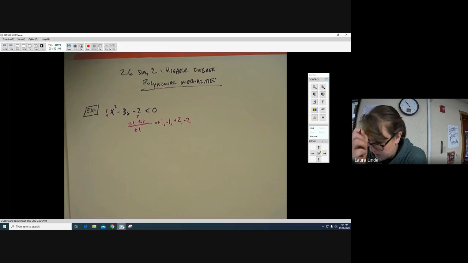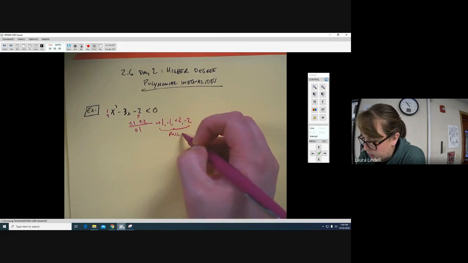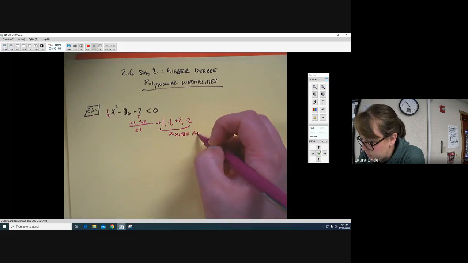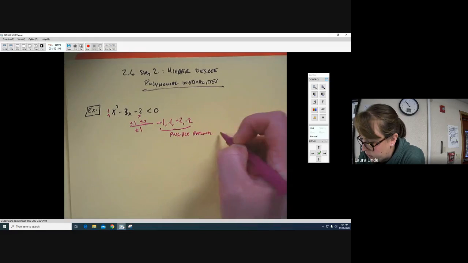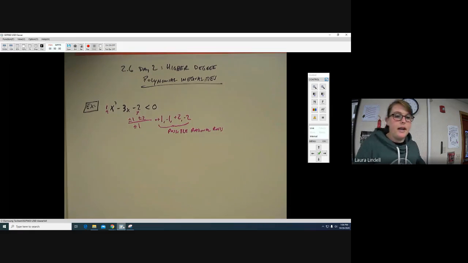Those are all of our possible rational roots. So then we could go through and check each of these to see if any of them are actual roots or zeros for this function.